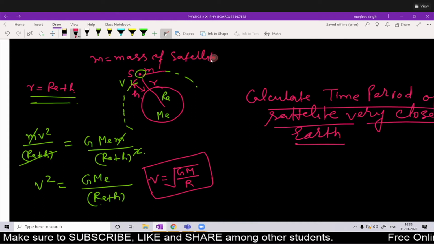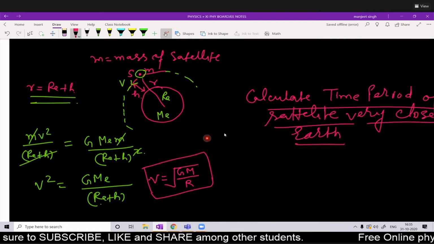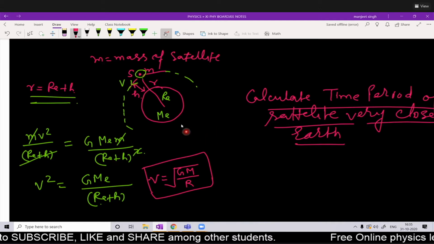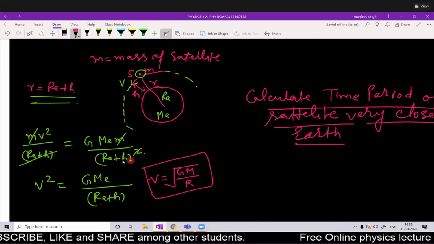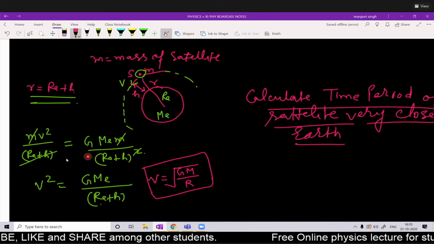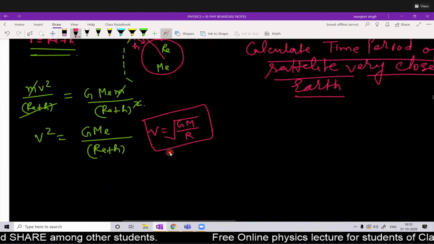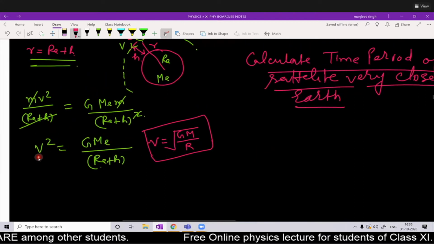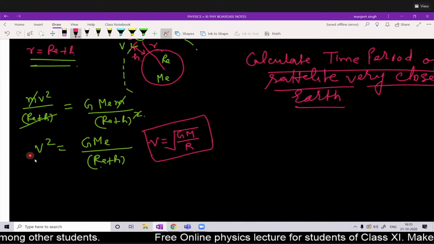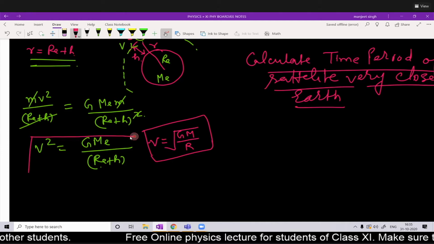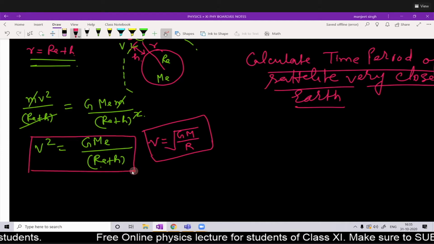Equating both, this cancels out and we get v square is equal to GME upon RE plus h. So this is the formula for the velocity of a satellite.